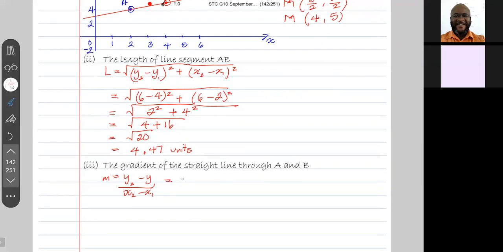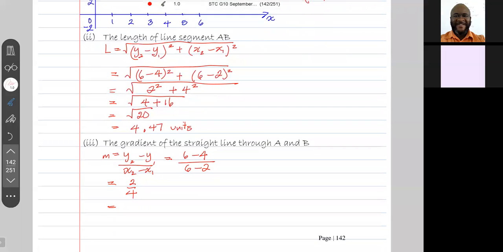So y2 is 6 minus y1, which is 4, over x2, which is 6, minus x1, which is 2. So the gradient M is equal to 2 over 4, and 2 over 4 reduces to a half. The gradient of the line is a half.